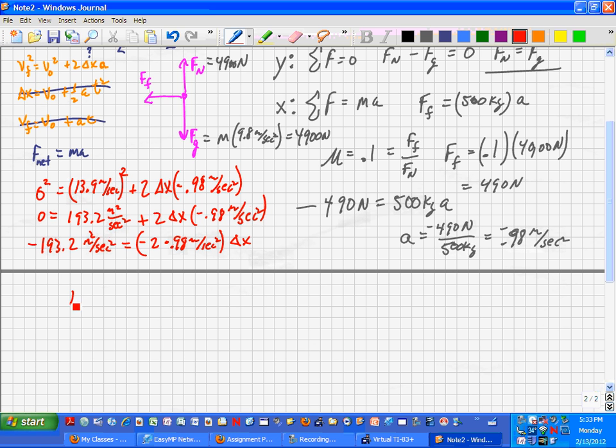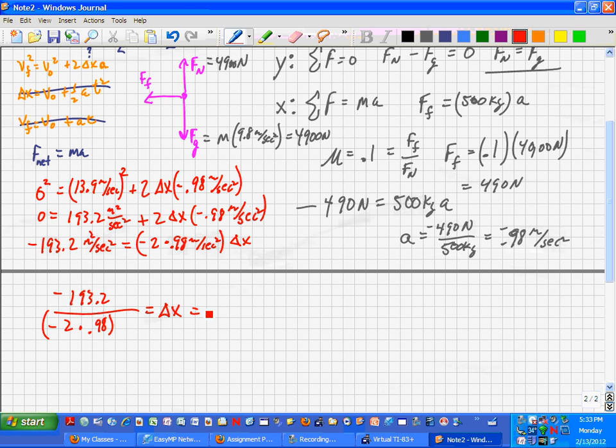So I'm going to have 193.2, we'll deal with units in a second here, divided by negative 2 times 0.98, is equal to change in position.